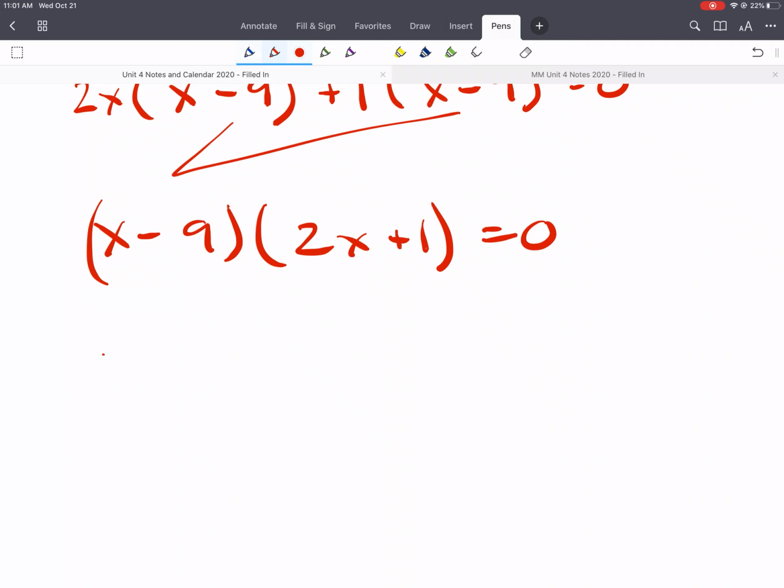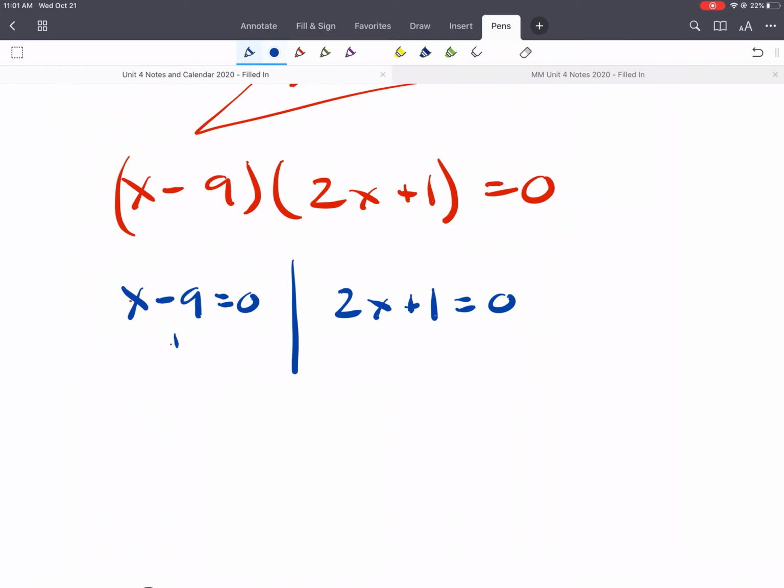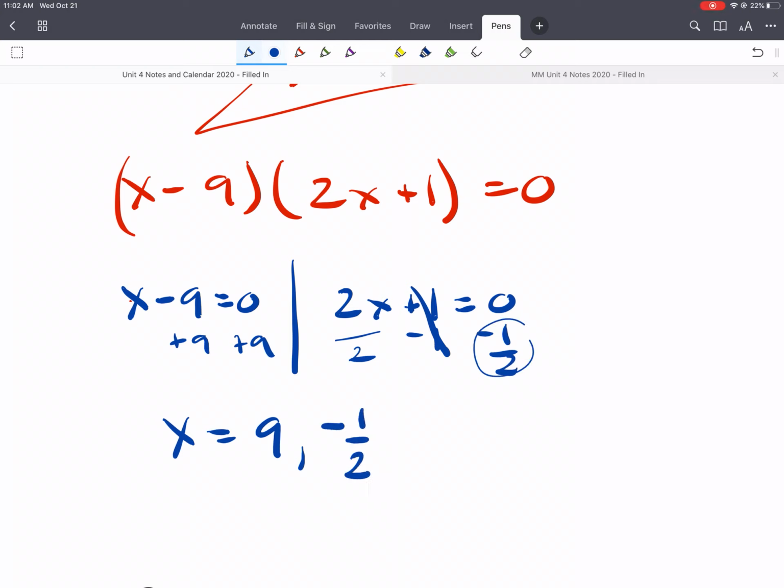So either x minus 9 has got to be equal to 0, or 2x plus 1 has got to be equal to 0. So we'd add 9 to both sides. x is equal to 9, or we'd subtract 1 from both sides, and then we would divide both sides by 2, so we have negative 1/2. And again, you can plug these in to verify that those are actually solutions to this equation. Okay.